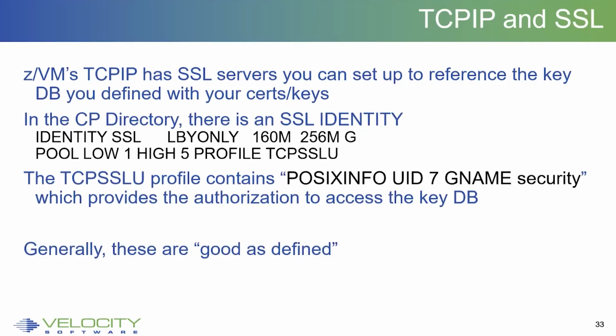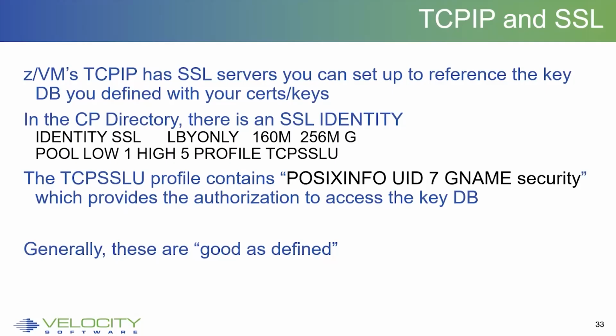That entry, along with the TCP SSLU profile that's used by that identity, contains the POSIX info statement that gives those SSL servers the group name security. And that allows them access to the key database and the saved password file because you set the authority for the group to read.